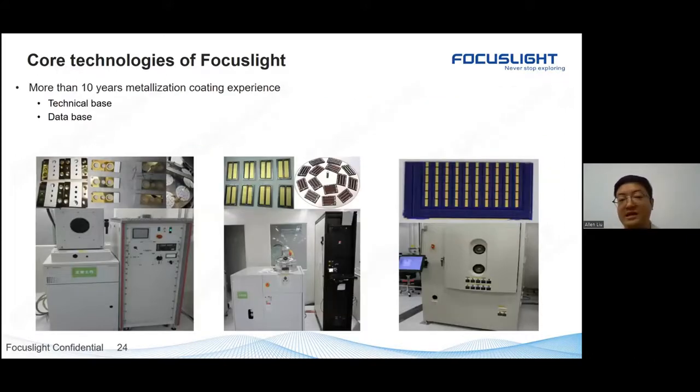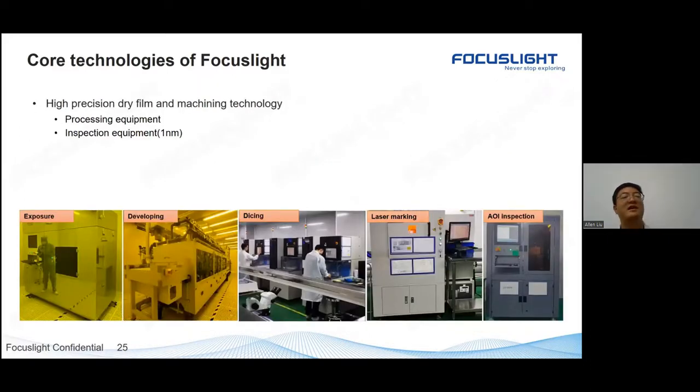And we have more than 10 years of metallization coating experience for different solders and different bonding interfaces. And we also get more and more data every year for quality control and production control. We even have high precision dry film machines and technology.